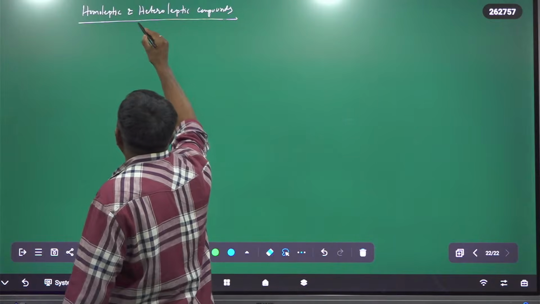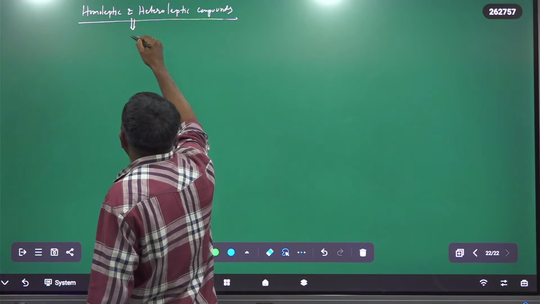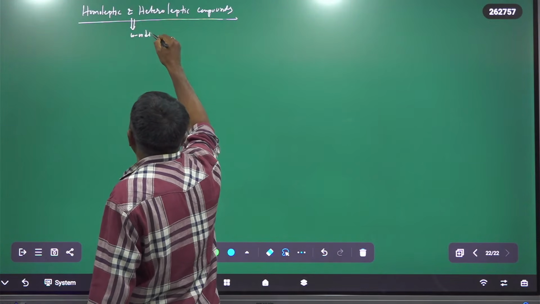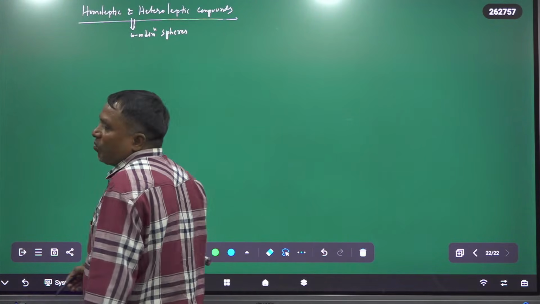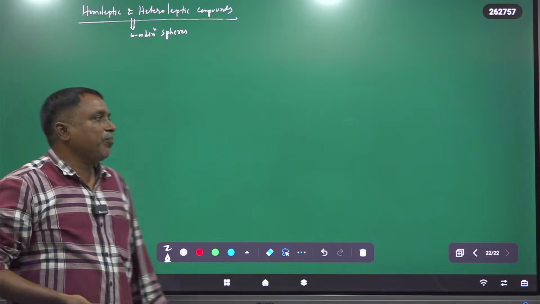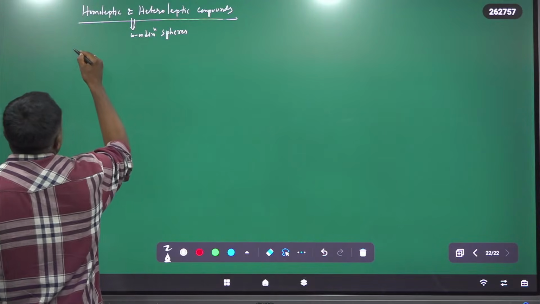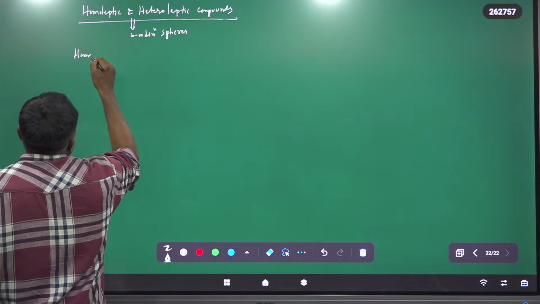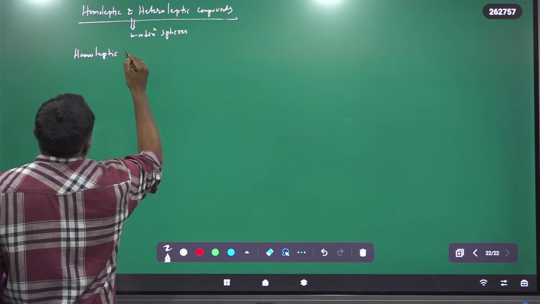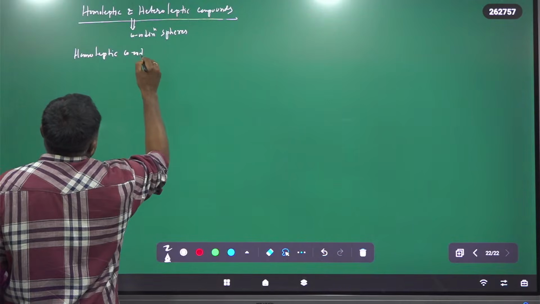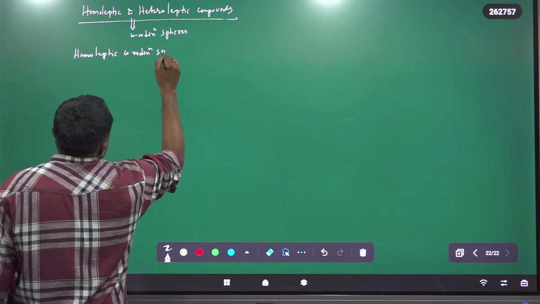There are 2 different coordination spheres. So what is meant by homo? Homo means same. For example, a complex compound with the same type of ligands is a homoleptic coordination sphere.